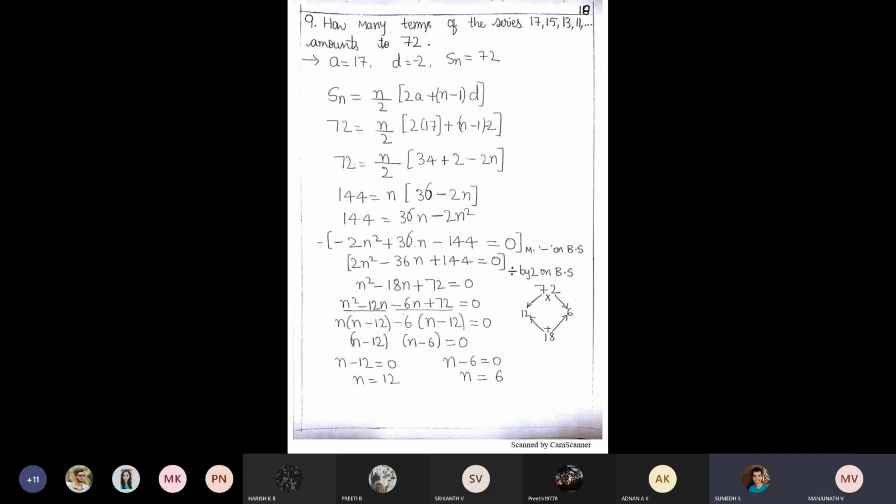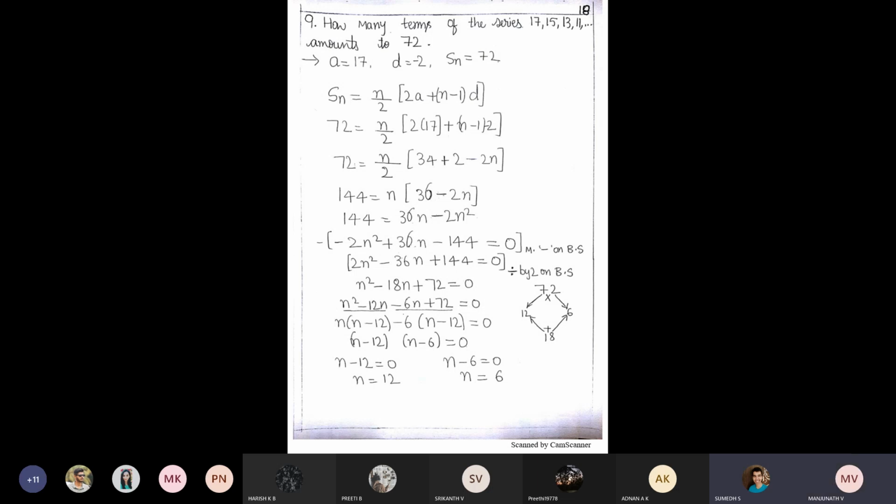We multiplied by minus to nullify that minus. Plus 36n will become minus because plus multiplied by minus is minus, and both the minuses will become plus because minus multiplied by minus is plus.